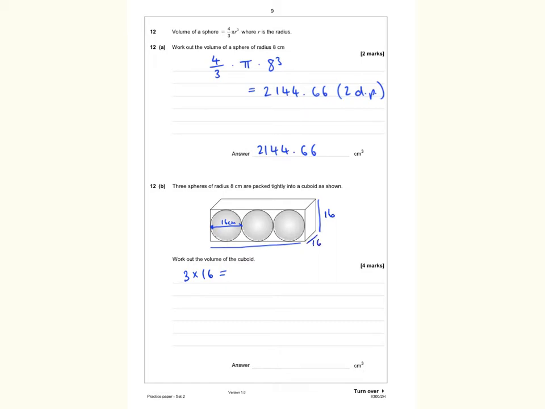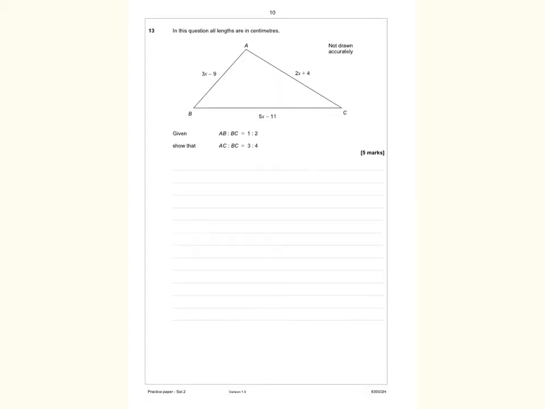So 3 times 16 is 48. So the volume of a cuboid is just 48 times 16 times 16, and that gives 12,288.